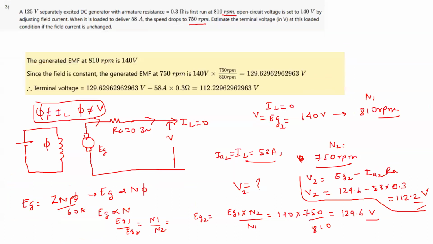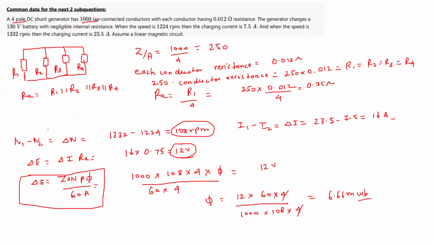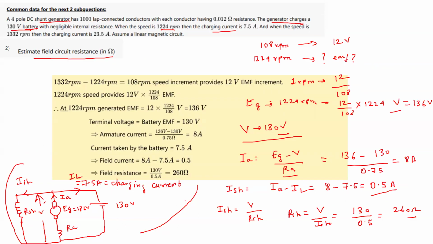Here also you draw this circuit quickly so that you will know phi remains the same in the two cases. So always quickly draw a small circuit, it will help you in the exam.